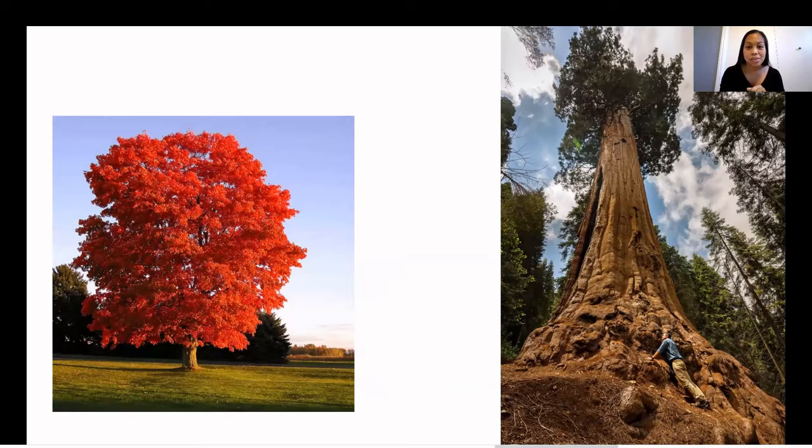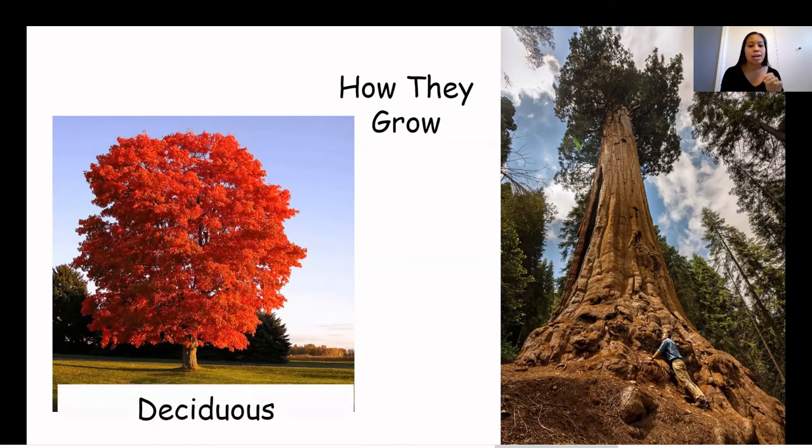Okay, so let's do one more difference between them. One of the differences between the deciduous and the evergreen is how they grow. If you can see, our deciduous maple tree has these leaves that come out, and they go out like this, and it goes up, but it kind of fans out, right?